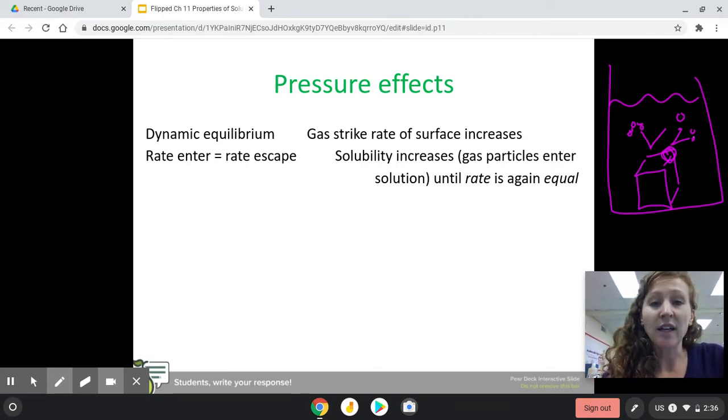So when we're talking about an aqueous solution, we're talking about the amount of solubility of a solid.